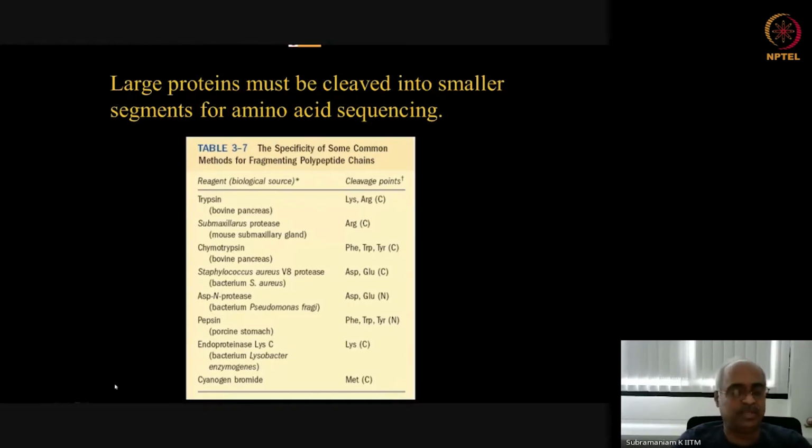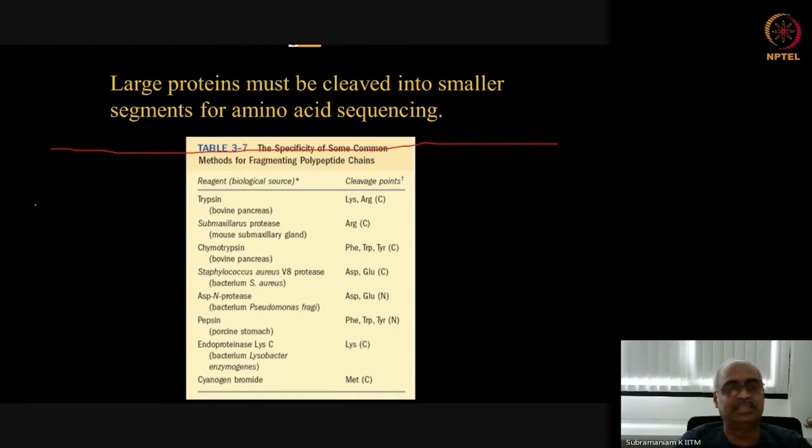Now, for example, if I have a polypeptide, let's try using the blackboard here. Let us say this is a long chain. So I'm going to go this side.